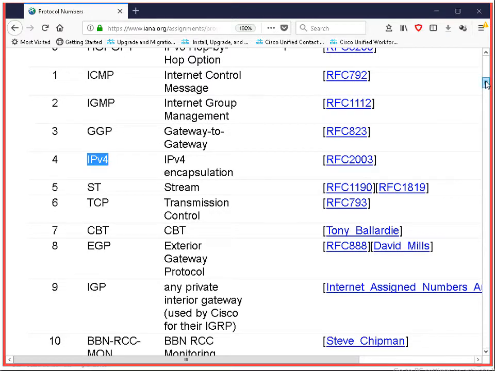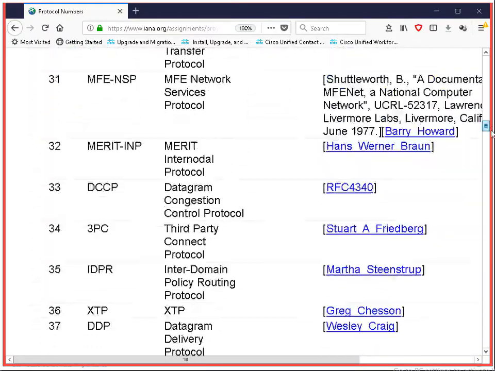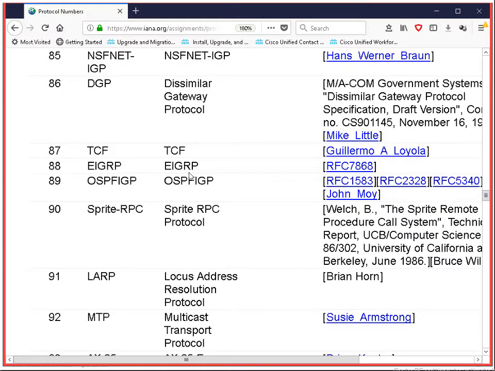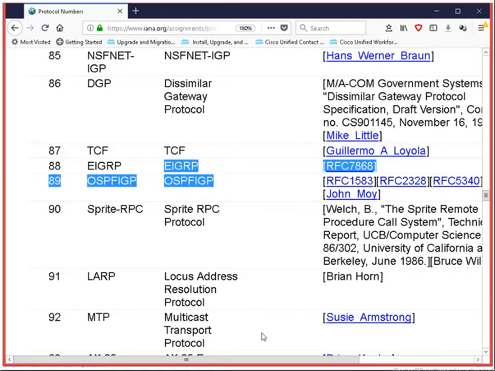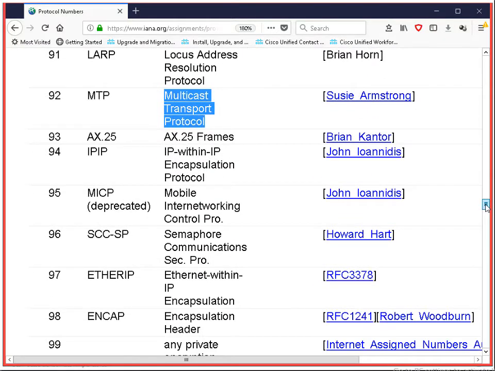But in the case of protocol ID, from the perspective of a packet, it's number 4. So for example, down here at 88, you'll see that that is EIGRP. OSPF is 89, MTP, multicast transport, is 92, and so on.